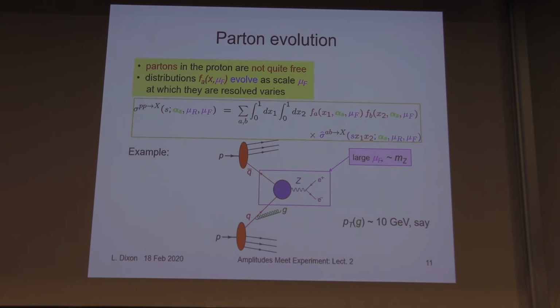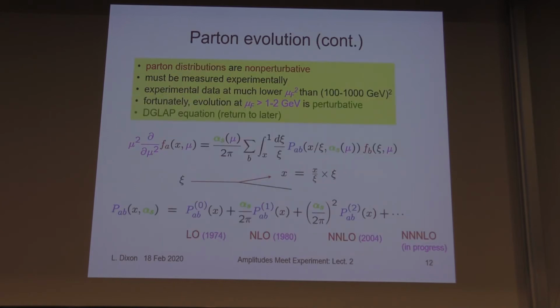But this change of the structure is captured by an equation which is called the DGLAP equation, originally the Altarelli-Parisi equation. And it states that the logarithmic evolution of partons is due to collinear splitting.